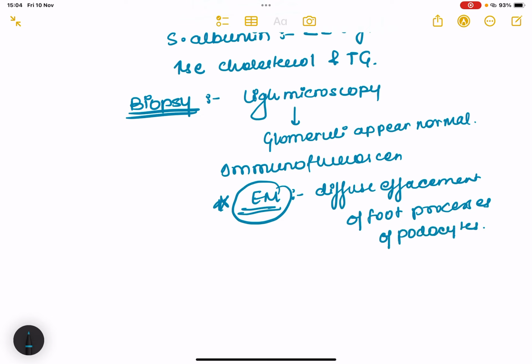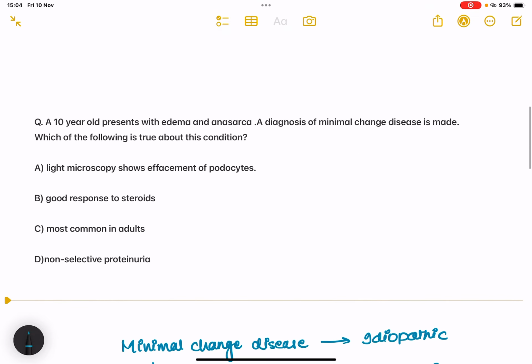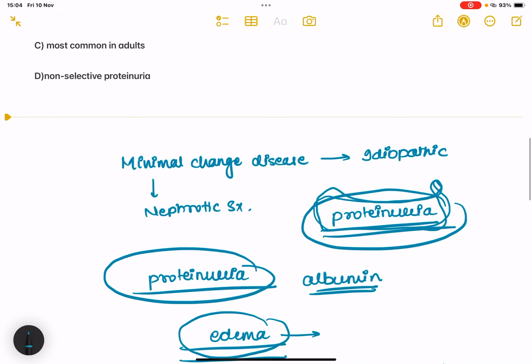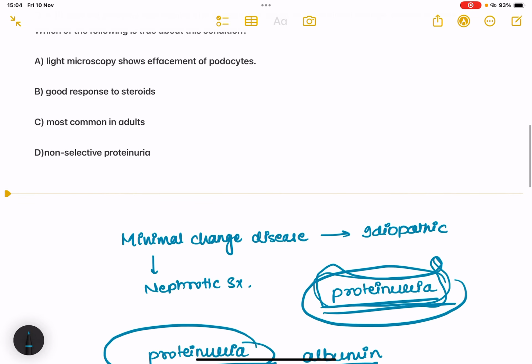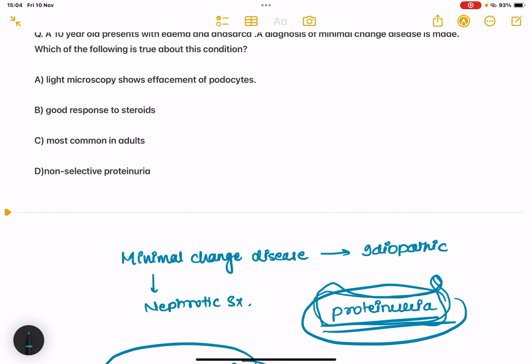So on electron microscopy, there is a diffuse effacement of foot processes of podocytes. But in the option, what was given is that light microscopy shows effacement of podocytes, so that is wrong. And we know that it is most common in children and it is a selective proteinuria.